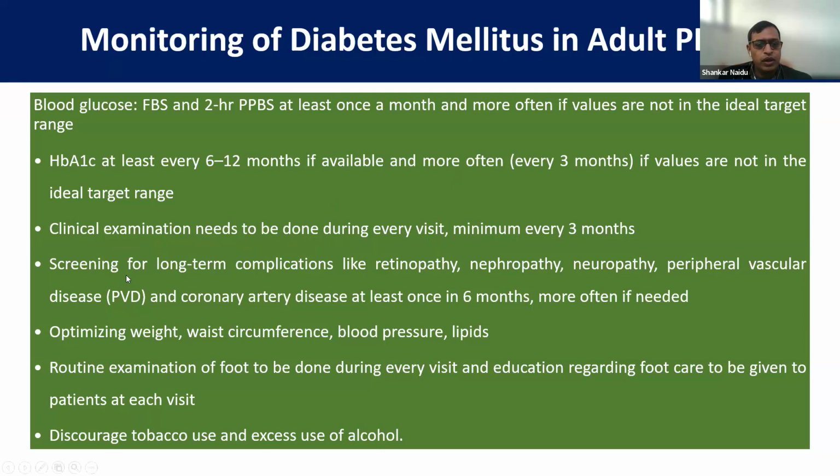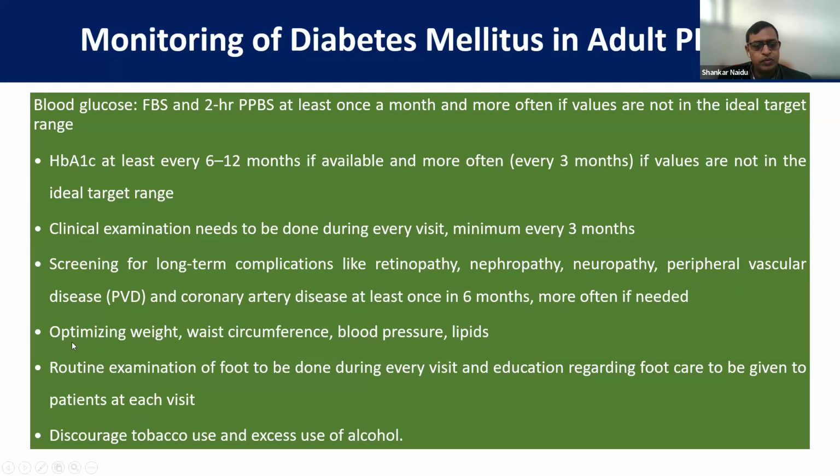And all patients who are diagnosed with diabetes should be assessed for the presence of retinopathy by detailed ophthalmological examination, then nephropathy by urine routine analysis and creatinine estimation, then neuropathy by either clinical symptoms or, if required, a nerve conduction study. Then presence of peripheral vascular disease and coronary artery disease. And this screening has to be done at least once every 6 months and earlier if needed.